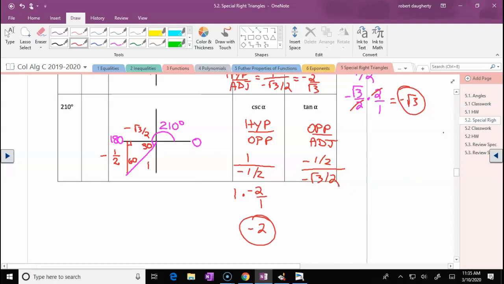To simplify this, it's negative 1/2 times what? Negative 2 over root 3. Is this going to be a positive or negative number? Positive, it's two negatives. The 2's go away. This is just going to be 1 over root 3 is your answer there.